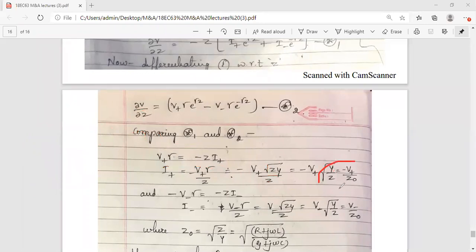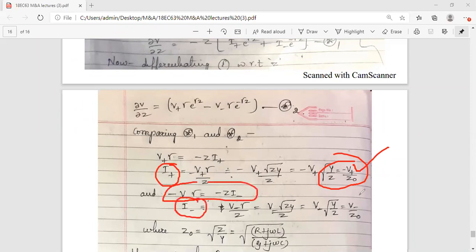So this is one thing which I have written here. So I plus is represented in the form of V plus. So I can replace that. Similarly, the second comparison, I have solved it. I plus, I will get it as this. So I plus can be represented in the form of V plus, and I minus can be represented in the form of V minus.